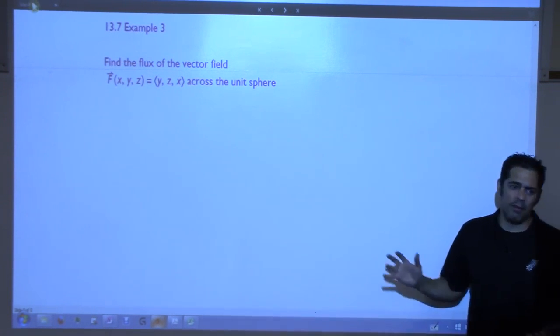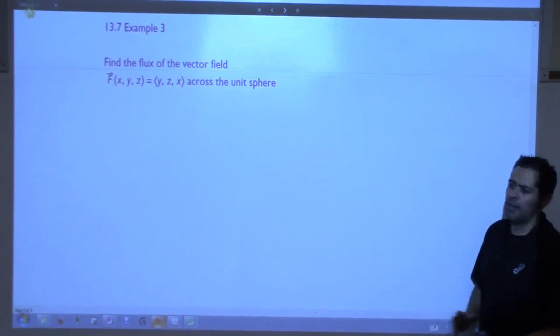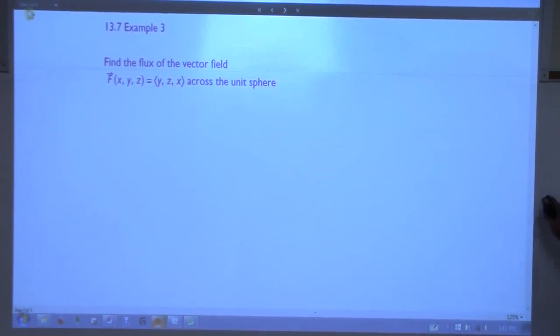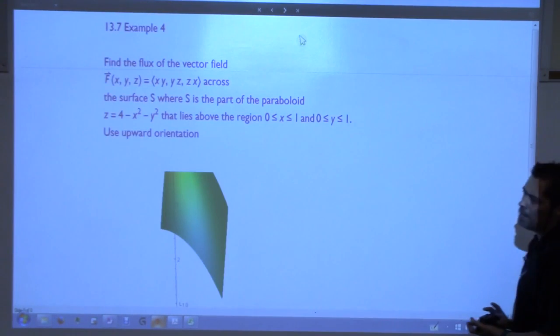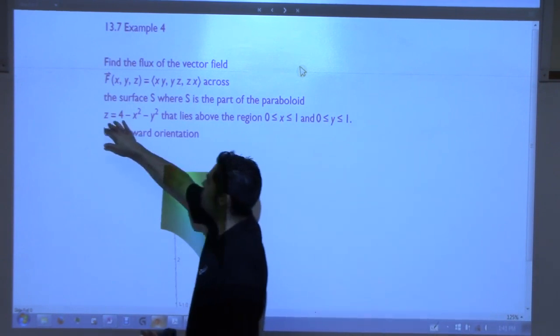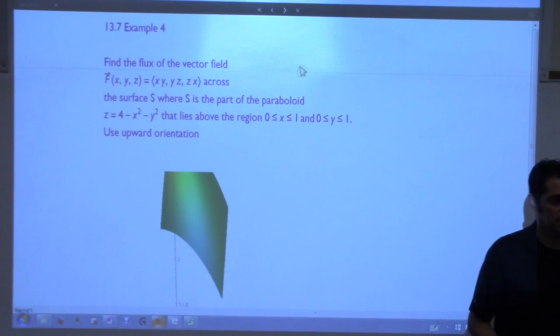There was no way around it. There was no shortcut. We just had to do it that way, and we ground out the answer. That was the first example I did of flux. The next example, we realized that the surface could be written as a function of 2 variables, and so we used a special case.